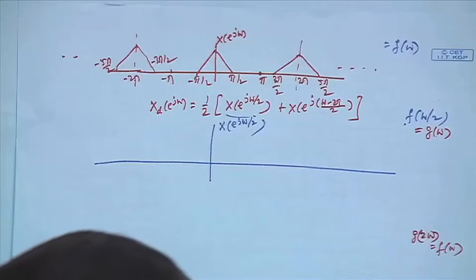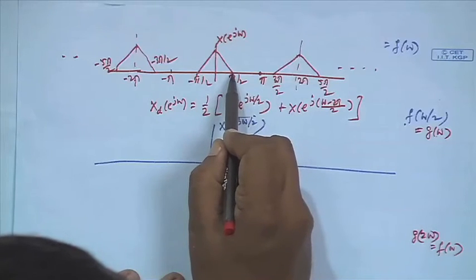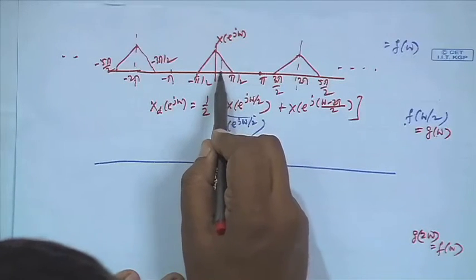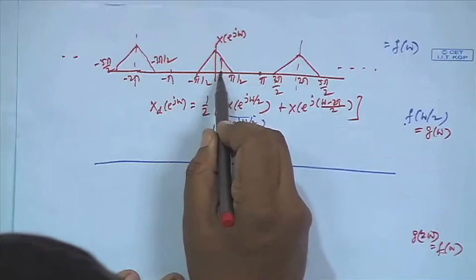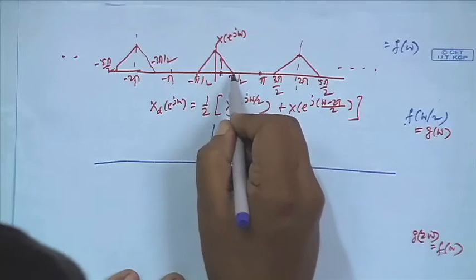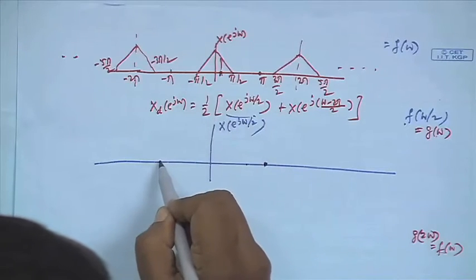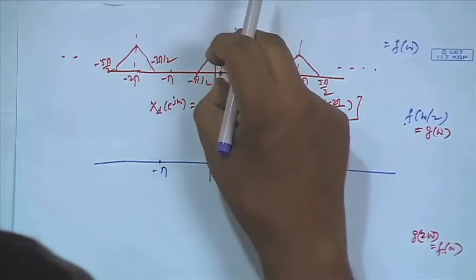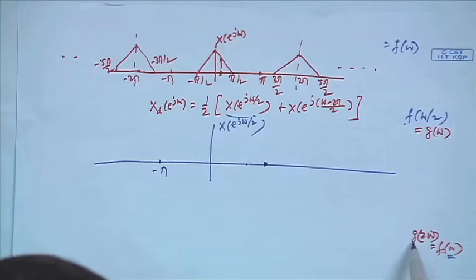So, whatever happens at any omega, say f omega, suppose this is the omega and this much is the f omega, this value will go to twice omega in this new plot, which means pi by 2 will go to pi, minus pi by 2 will go to minus pi, because whatever value I have in the original plot at any omega, for g the same thing will happen at twice omega, because g of 2 omega is f omega.